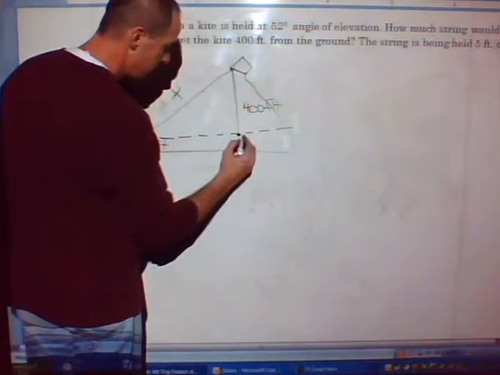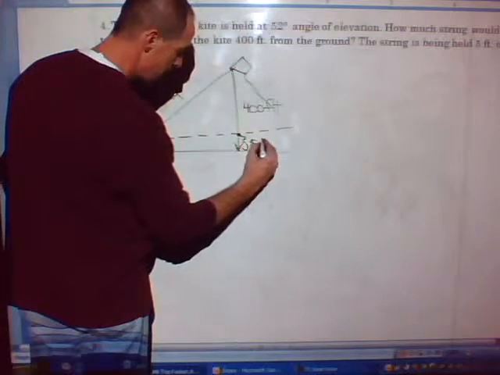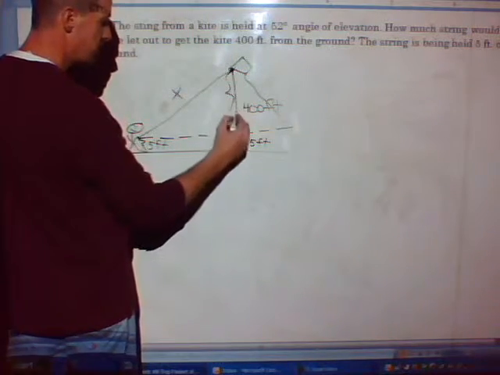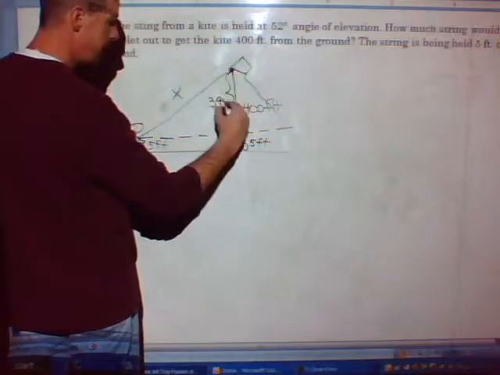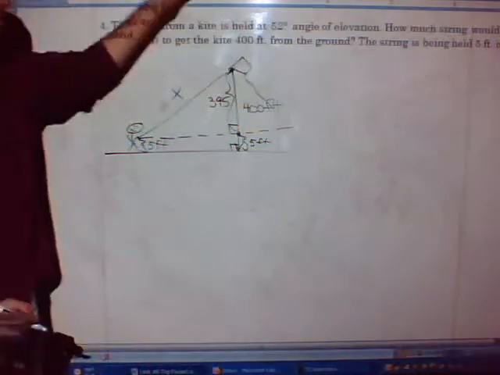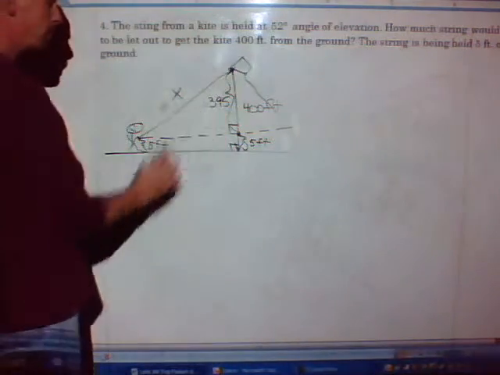That means from here to here is 5 feet, which would make this distance 395.